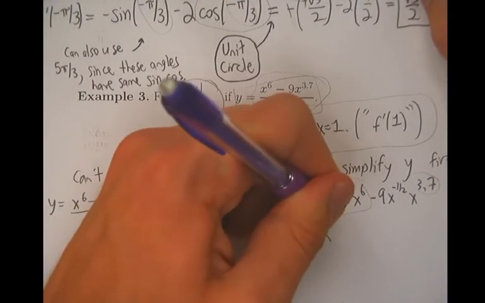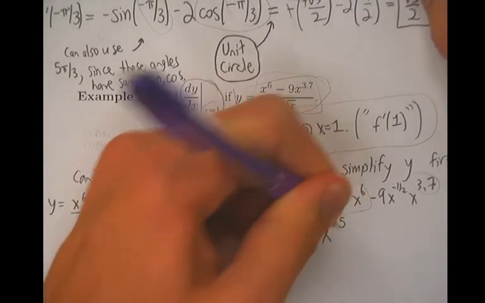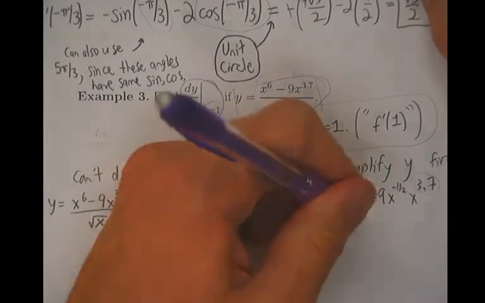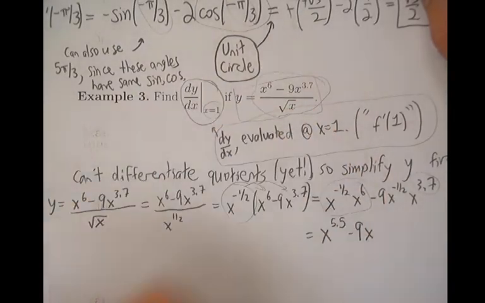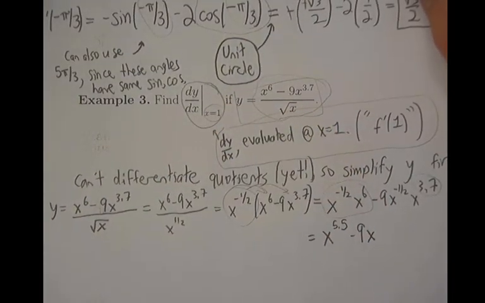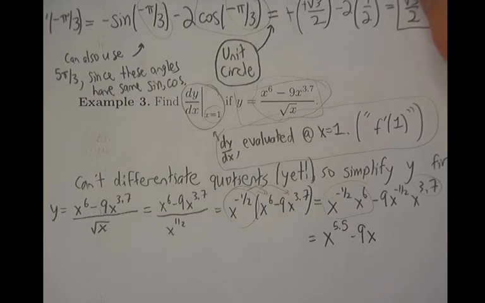So we have 5.5 here, and then minus 9 times x to the what power? Same rule, same idea. We would have 3.7 minus 1/2 as our power, so that simplifies to 3.2. Good.